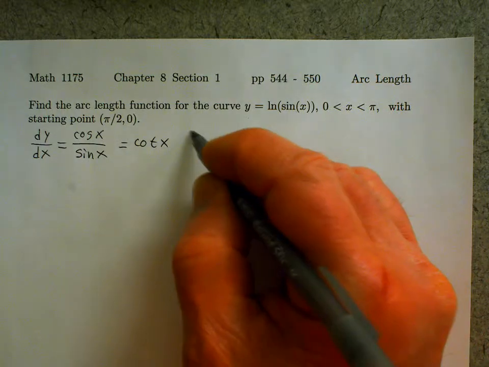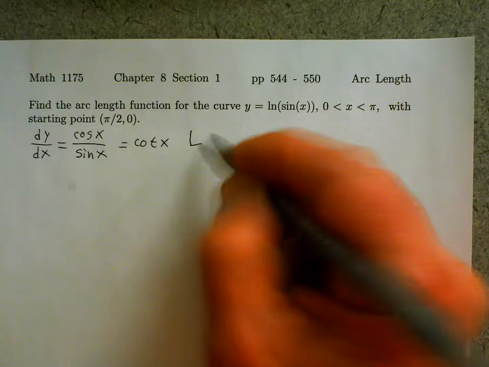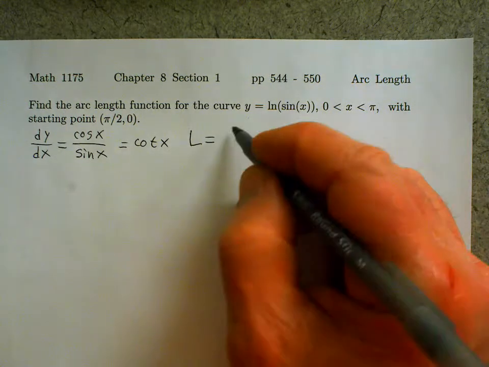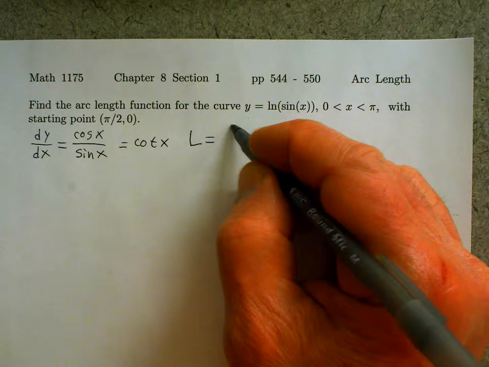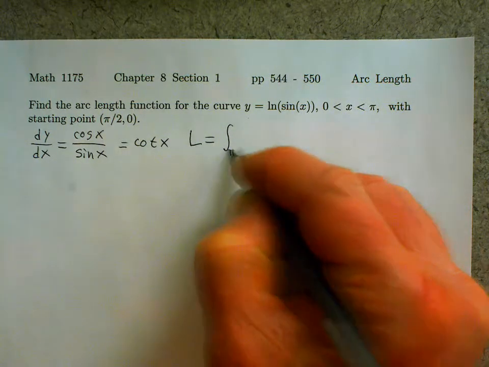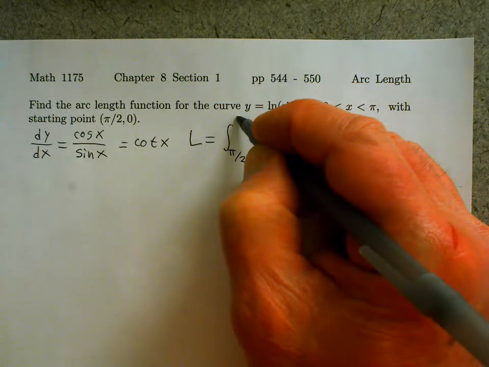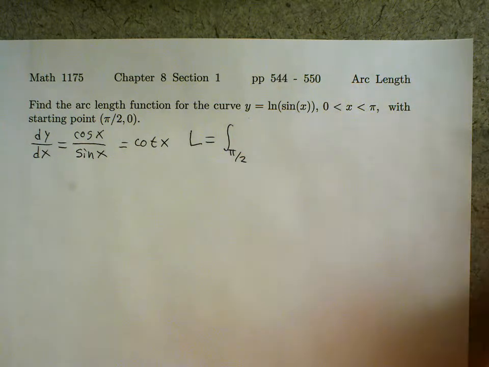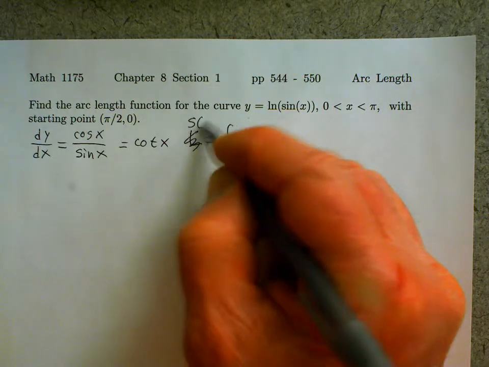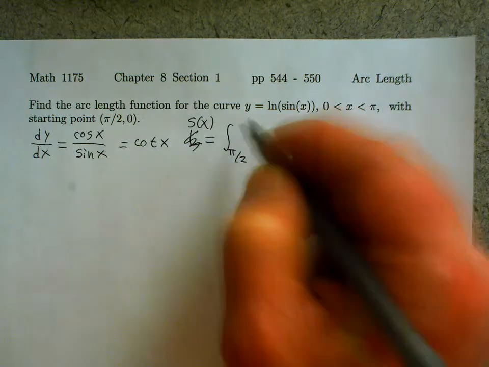And the arc length function is going to be the definite integral. Let's see, x starts at pi over 2. I'm sorry, I should have written s of x. So the limits are from pi over 2 to x.